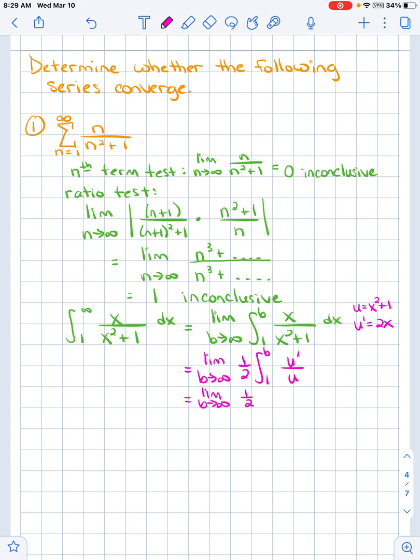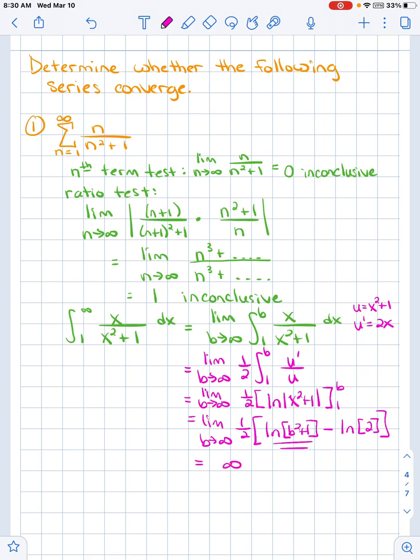So we've got the limit as b approaches infinity of 1/2 the natural log of x squared plus 1, evaluating that from 1 to b. So if I replace x with b, I end up with the natural log of b squared plus 1 minus the natural log of 1 squared plus 1.